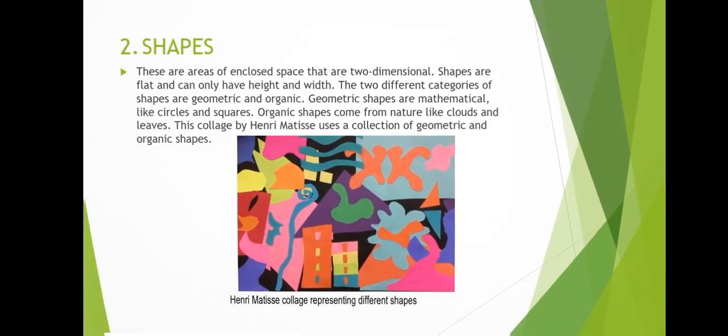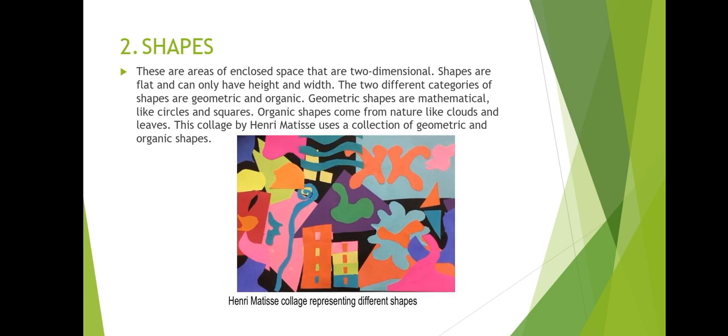And next is shape. These are areas of enclosed space that are two-dimensional. Shapes are flat and can only have height and width. So shape is different from line. Shape has height and width.